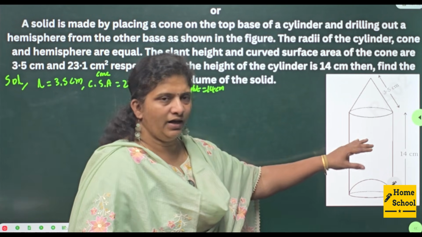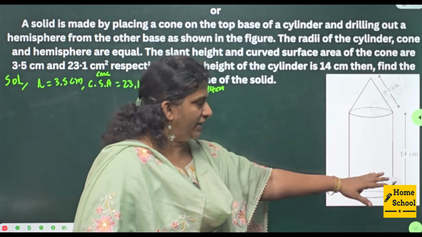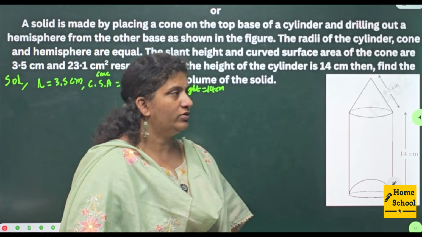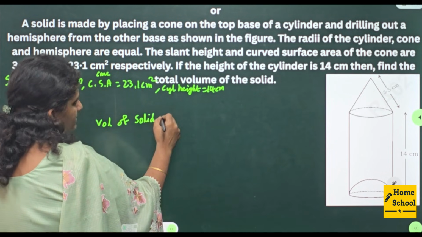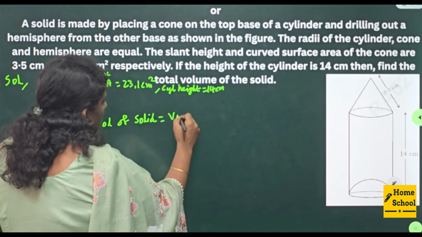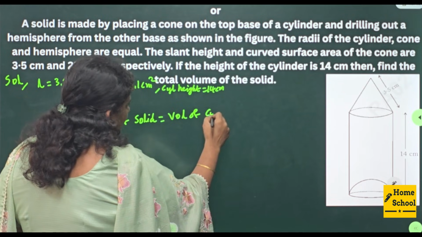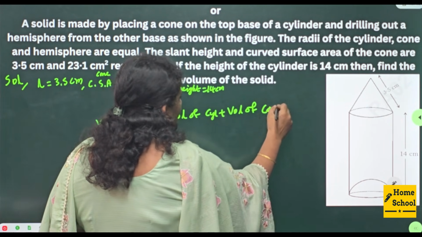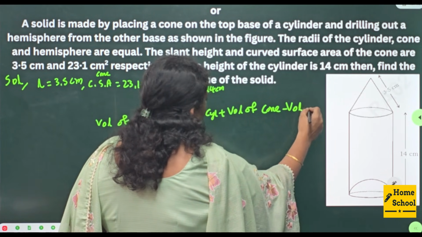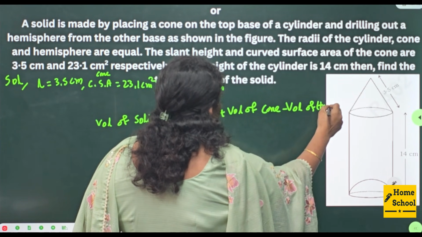In the cylinder, a cone is placed on top of it and a hemisphere is taken out. Volume of solid is equal to volume of cylinder plus volume of cone minus volume of hemisphere.